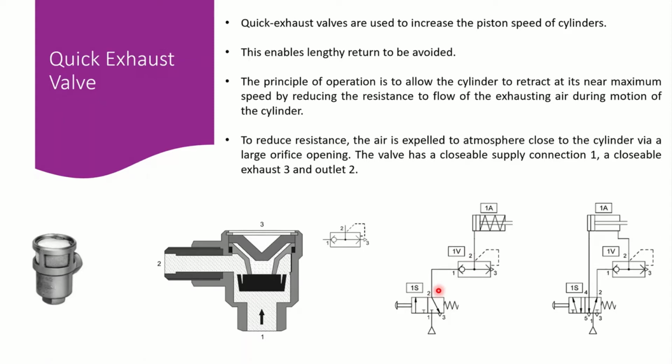So what we have in here, as you can see in the retraction process, on the other side, we have this quick exhaust valve, which means when this single acting cylinder is exhausting, we would have a very quick exhaust because of the use of this component in there.